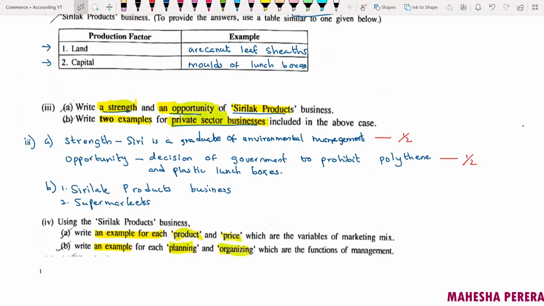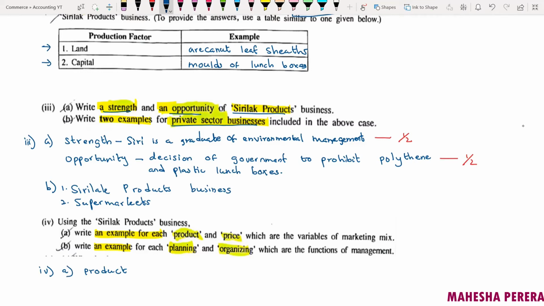For A, Roman figure for A, we can write for the product. Always write your answer with headings because you are asked to provide 2 answers for 2 separate questions, right? The product and the price under 1 question. Okay, 2 separate answers for 2 separate things under 1 question.